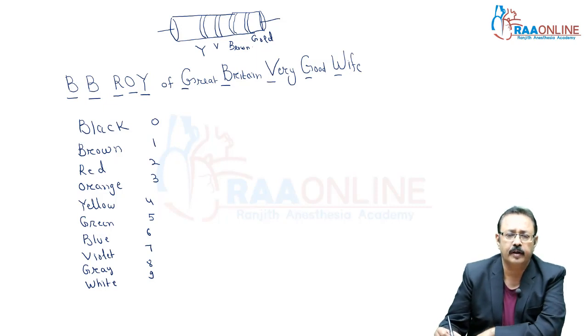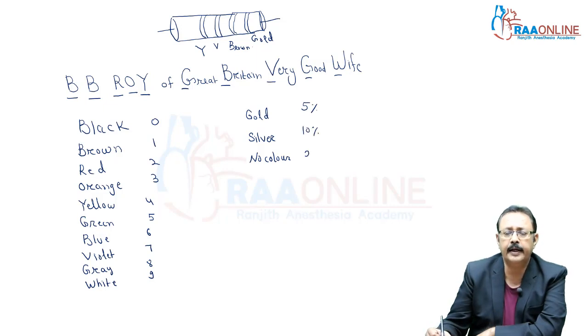Tolerance for gold, silver and no color is 5%, 10% and 20%.